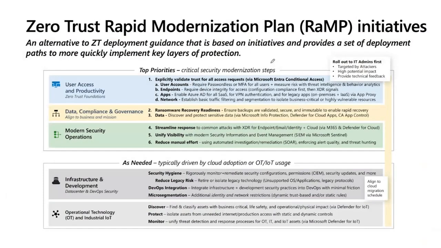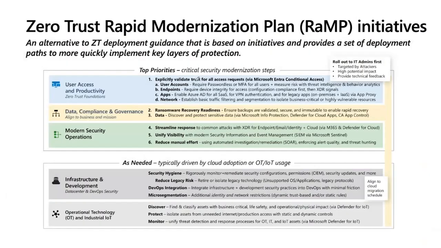In this Rapid Modernization Plan, we see options for user access and productivity, where we can explicitly validate trust for all access requests in conditional access. We can enable user accounts for passwordless authentication, conditional access options, and threat intelligence. For endpoint, we can enable Defender for Endpoint. We can plan to add endpoints and protect them using XDR components.